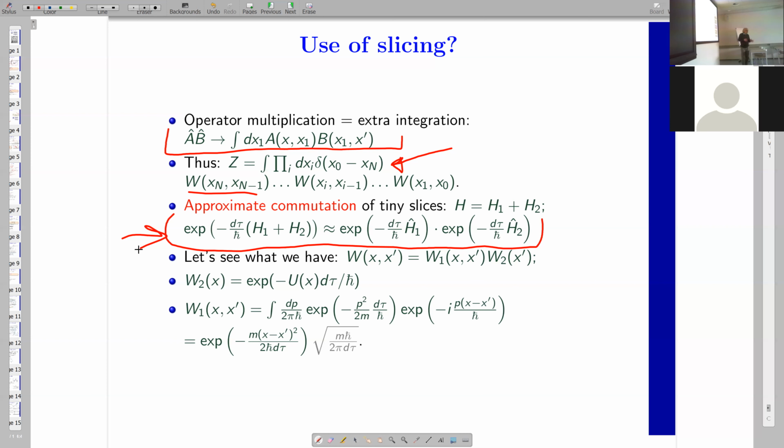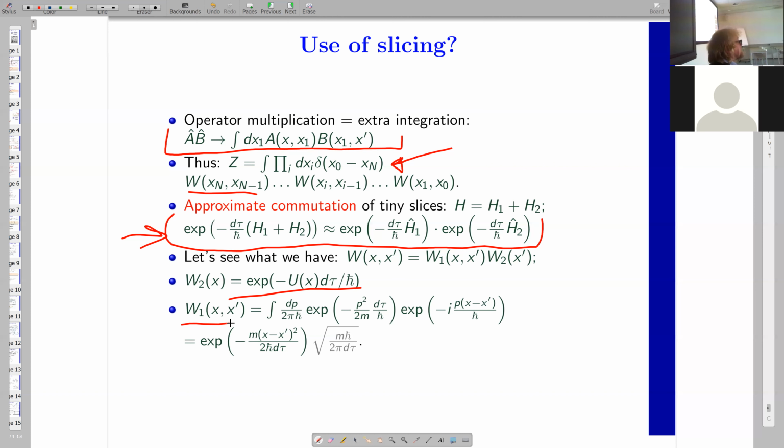Right, let's see what we have now. We will separate our Hamiltonian into potential energy and kinetic energy. Potential energy, that is simple. Kinetic energy: that's what we have for kinetic energy. It is an exponent of p squared.